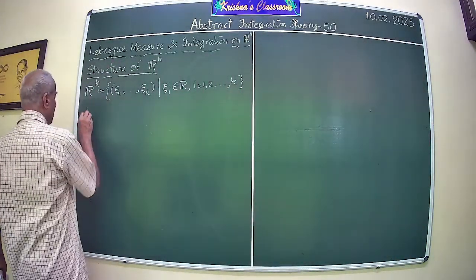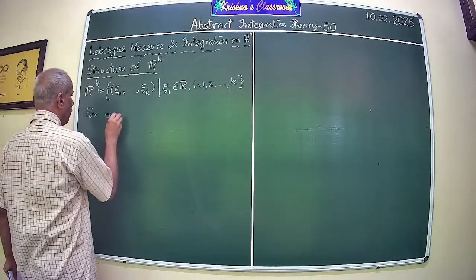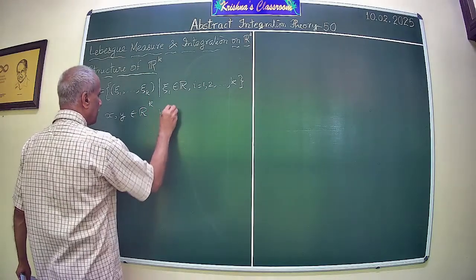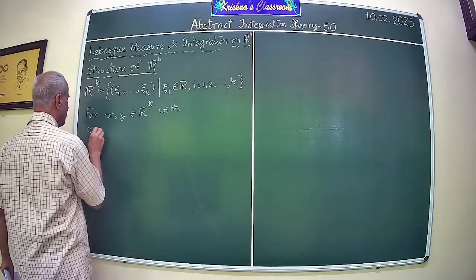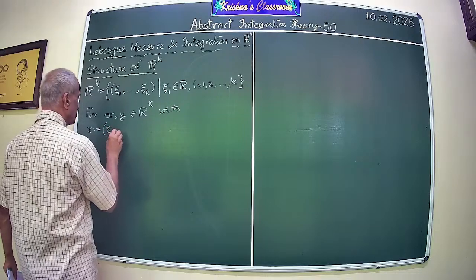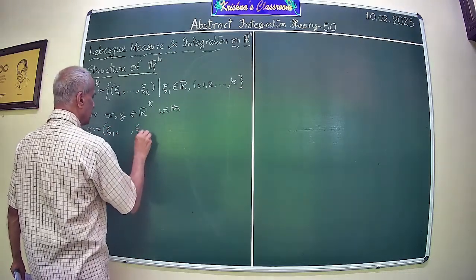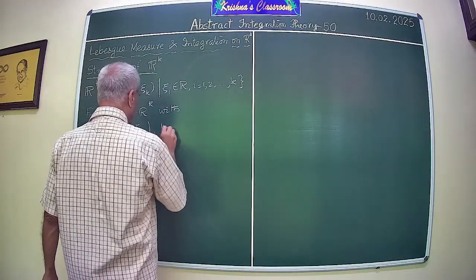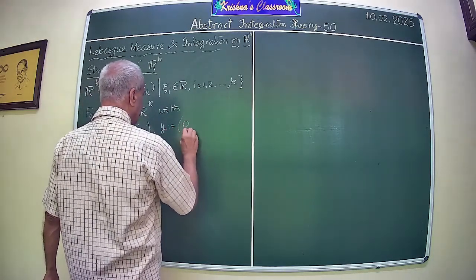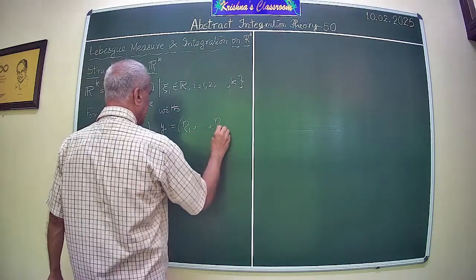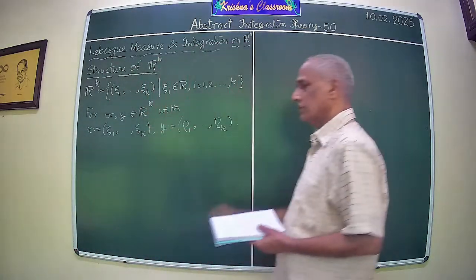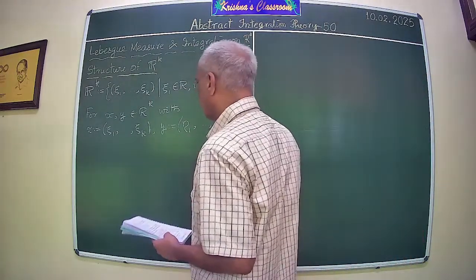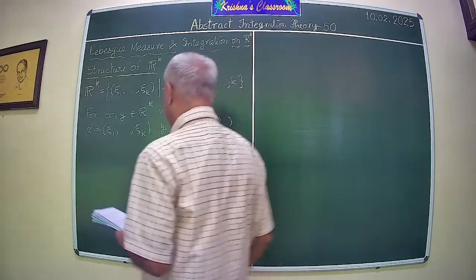Now for x, y belonging to R^k, with x defined as (xi_1, ..., xi_k) and y defined as (eta_1, ..., eta_k), where xi_1, xi_2, ..., xi_k and eta_1, eta_2, ..., eta_k are all real numbers. These are two arbitrary elements of R^k.